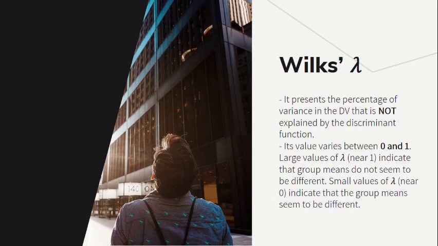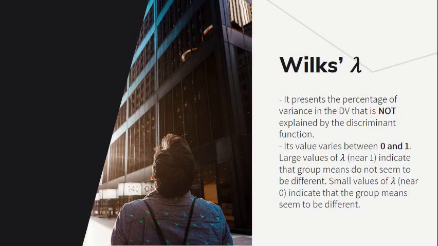To determine the significance of the discriminant function, we use Wilks' lambda. This statistic represents the percentage of variance in the dependent variable that is not explained by the discriminant function. Its value varies between 0 and 1.